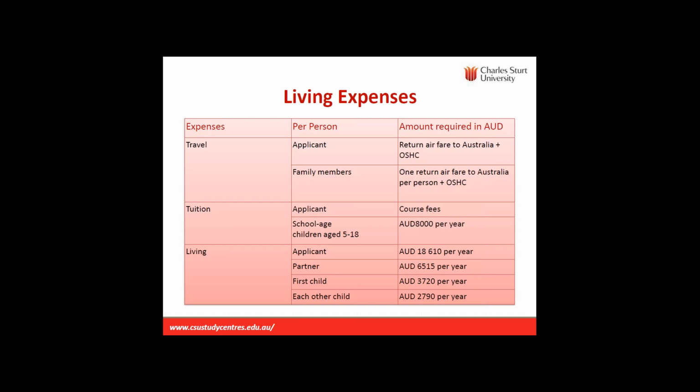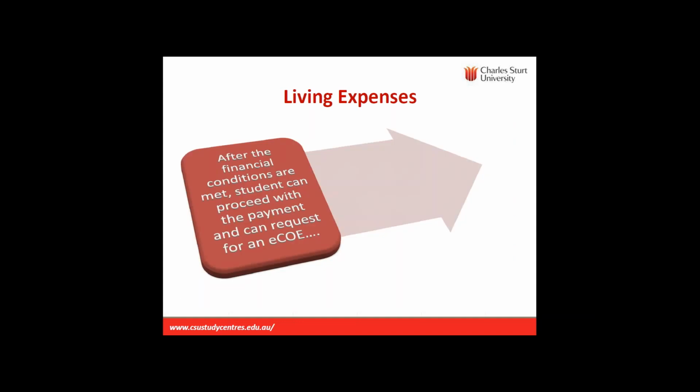The GTE team may ask your student during the interview whether they are aware of the amount of living expenses. So this is the answer to this question. Please remember this: 18,610 is the living expenses for 1 year in Australia.